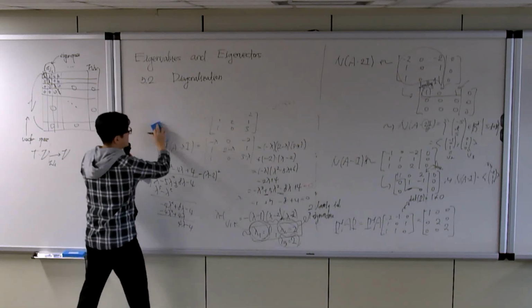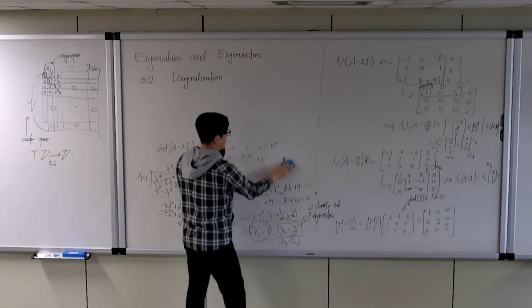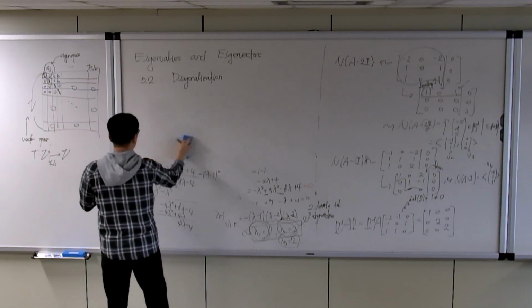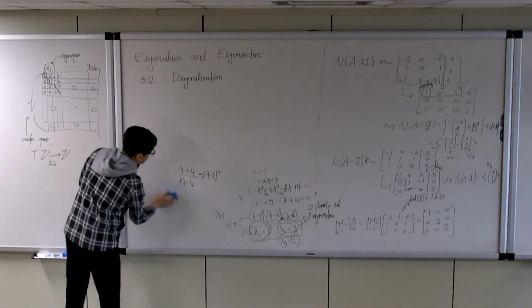And then we should find one more eigenvector which is linearly independent to these two vectors.